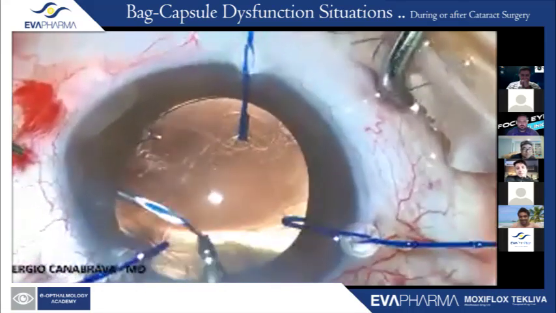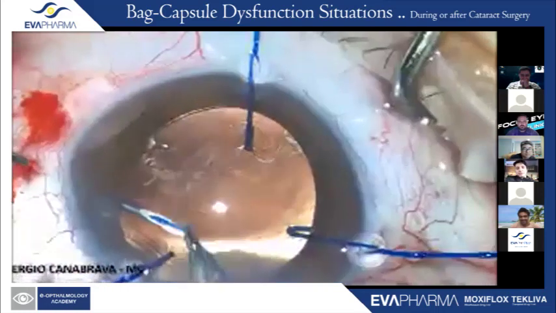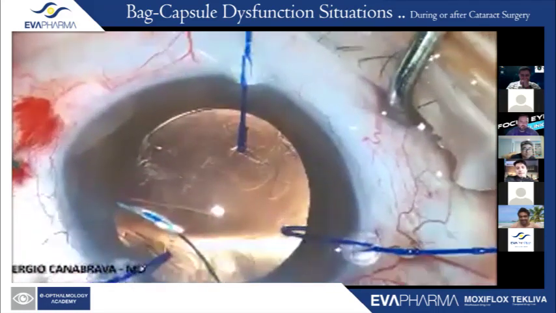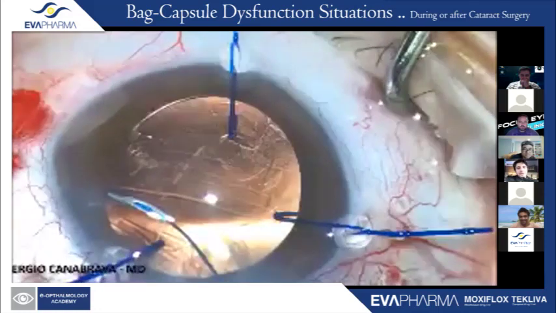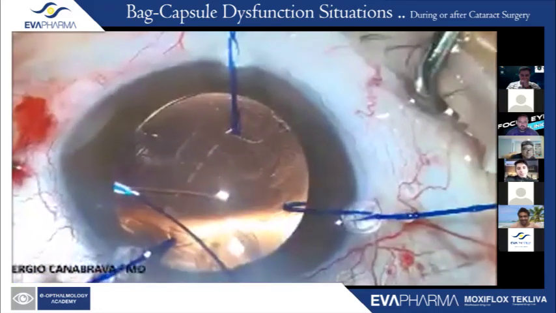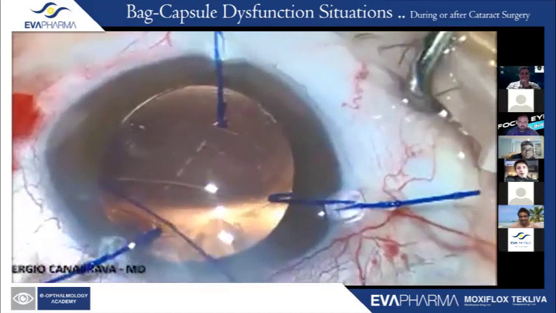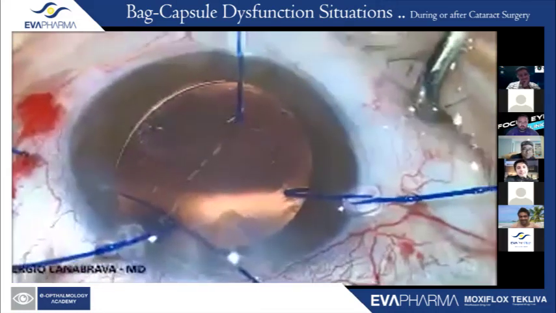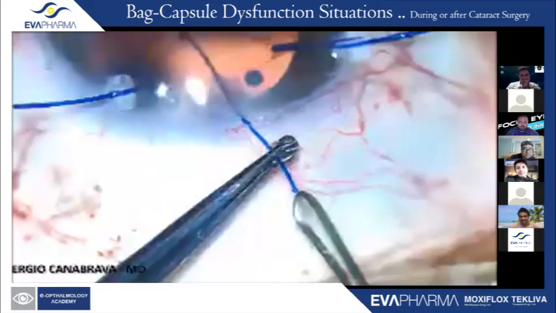Here, in subluxated cataract, I like to use 5-0, and in aqueous IOL, I like to use 6-0. The 5-0 polypropylene suture is 10 times thicker and 100 times more resistant than 10-0.